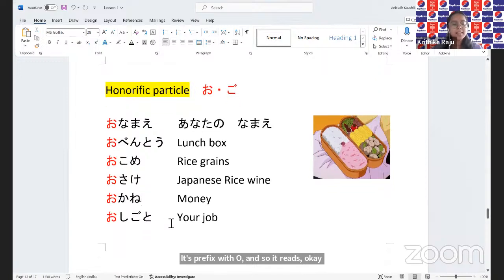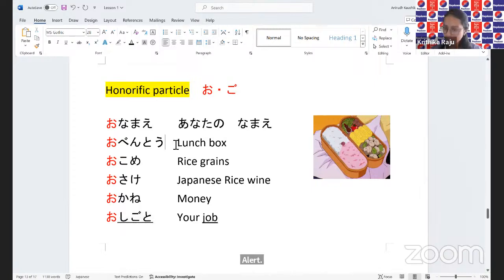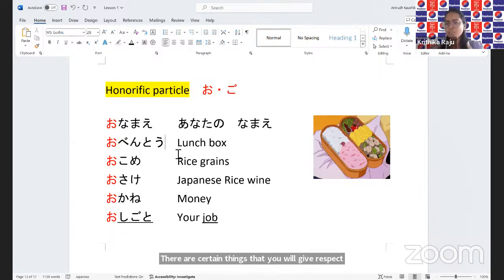All right. And lastly, your job. I say your job specifically. Job in Japanese is shigoto. But once again, there are certain things that you will give respect to if it's the other person's, not your own.